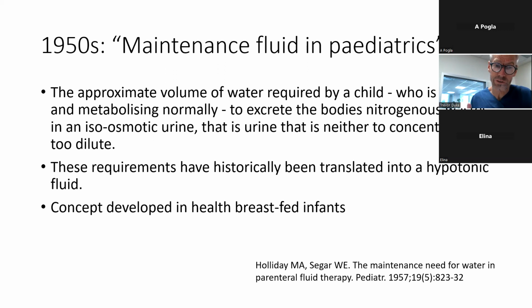It was the amount of water required by a child who's physically active and normally metabolizing to excrete all the wastes we produce in a urine that's isoosmotic, so not too concentrated, not too dilute. So the kidneys don't have to work too hard to concentrate or dilute the urine, but that's the amount of water and solute that's required. And that's what we've historically used to decide the amount of maintenance fluid a child requires.